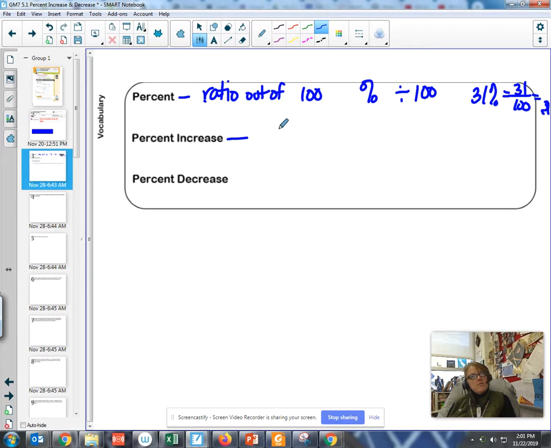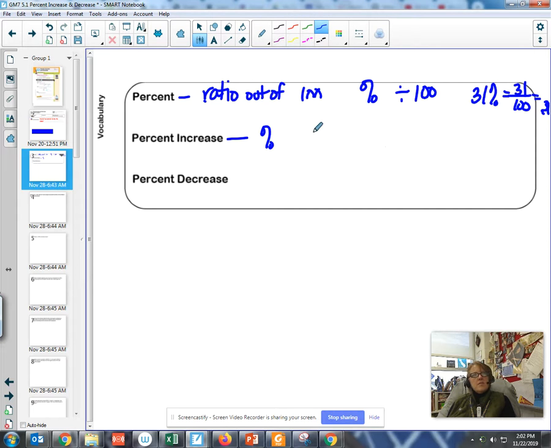A percent increase is a percent, okay? And we calculate it in this way. We make a ratio and we say, how much did it change? Or maybe I should just write the difference. Let me change that, okay?